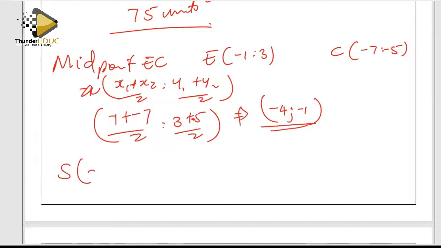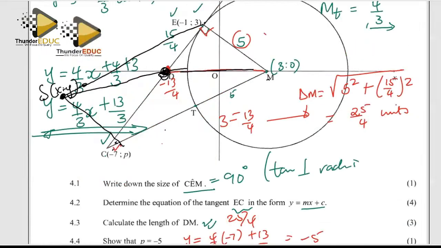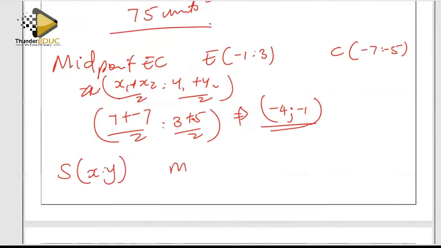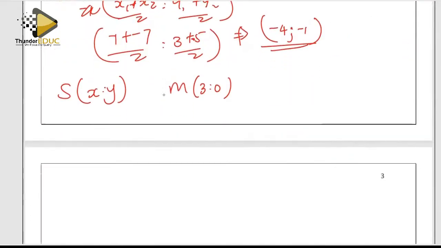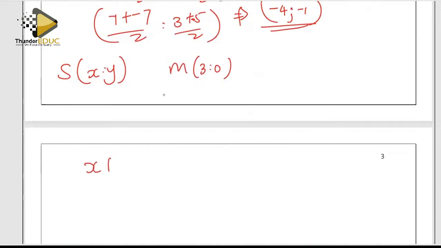Then we know that our S, which is xy, must also have the same midpoint as M, which is 3, 0. SM must have the same midpoint. If I use the midpoint formula again, x plus 3 over 2 should give me negative 4. When I cross multiply, that's negative 8.